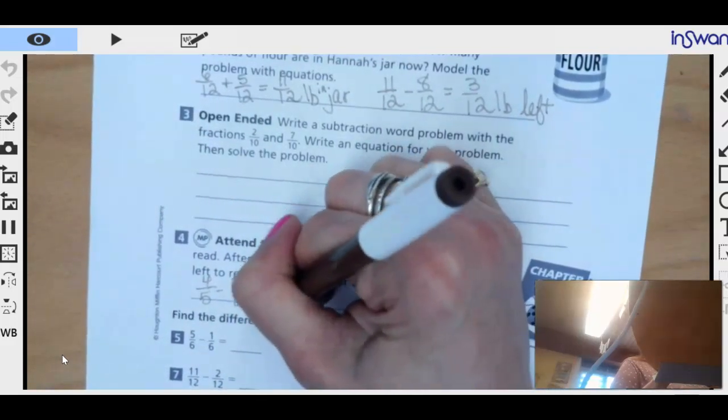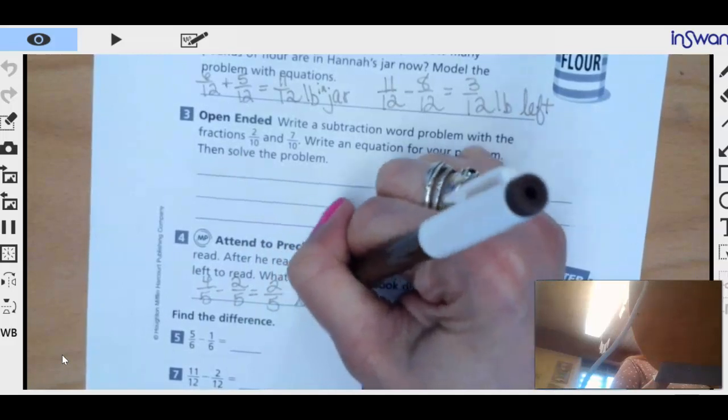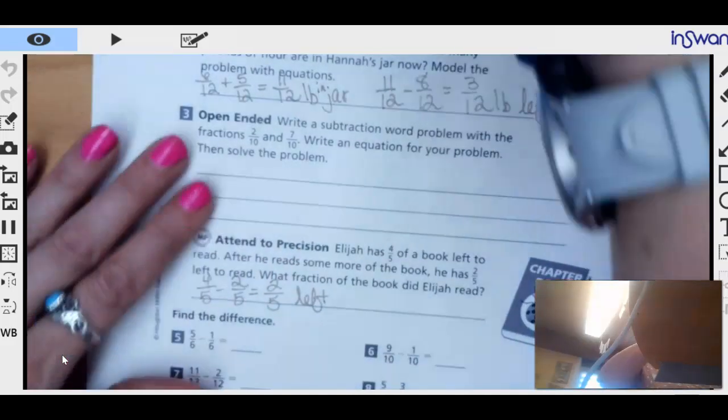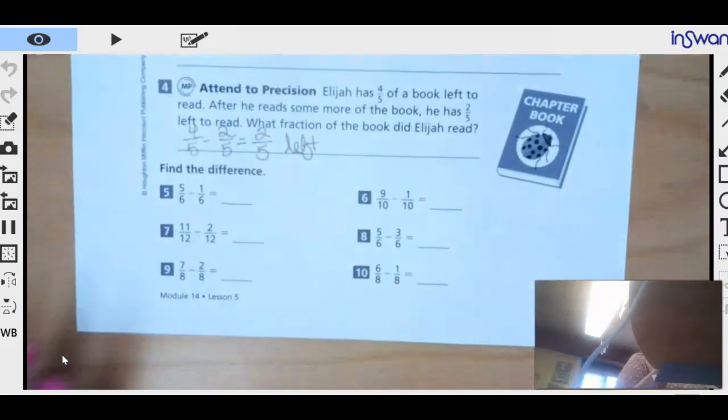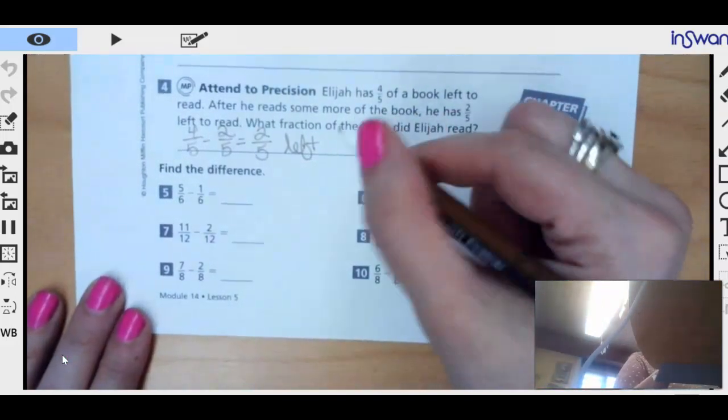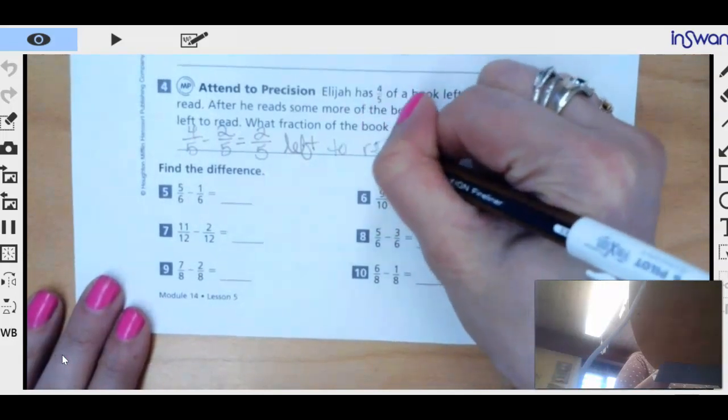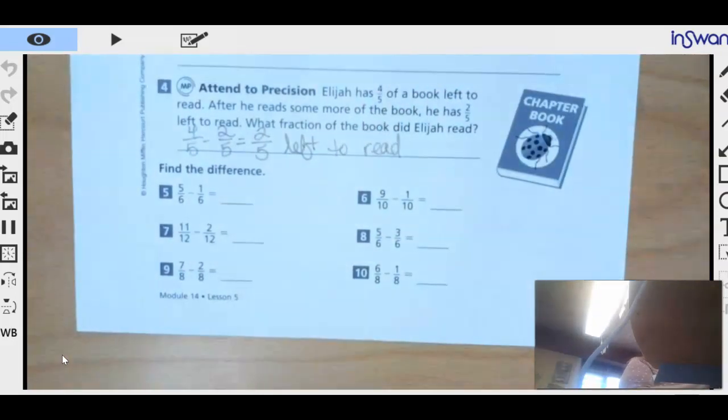What's our label? 2/5 left to read. And then I think I know how to do number 3. It's just a word problem. How do you know? Then subtract from our problem.